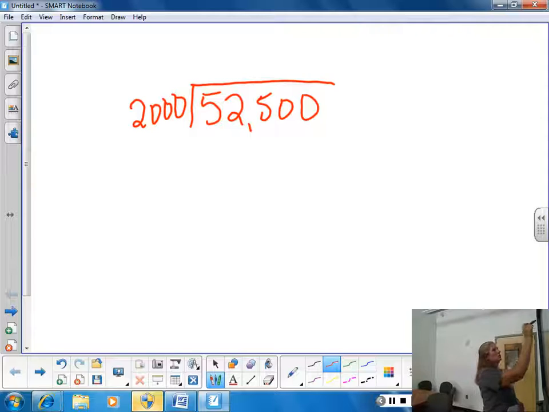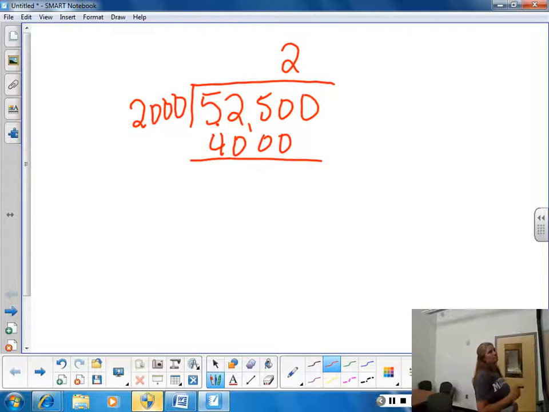2 goes into 5 twice. So I know it's 2, but 2,000 doesn't go into 5, 2,000 doesn't go into 52, 2,000 doesn't go into 525, 2,000 does go into 5,250. So we're going to say 2 times 2,000, that's 4,000. Subtract.